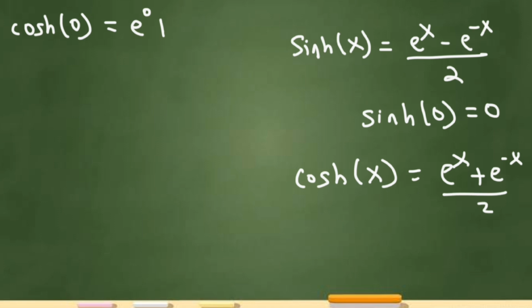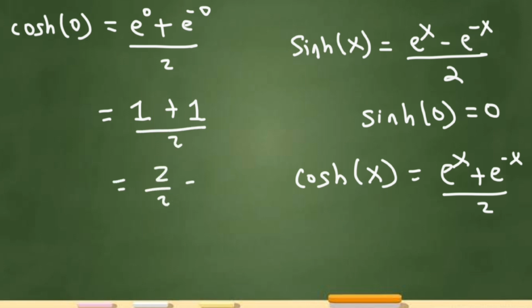So this is going to be e to the 0 plus e to negative 0 over 2. This is 1 plus 1, since e to negative 0 is 1, over 2. So the answer is 2 over 2, which is 1. So the hyperbolic cosine of 0 equals 1, much in the same way that hyperbolic sine equals 0.